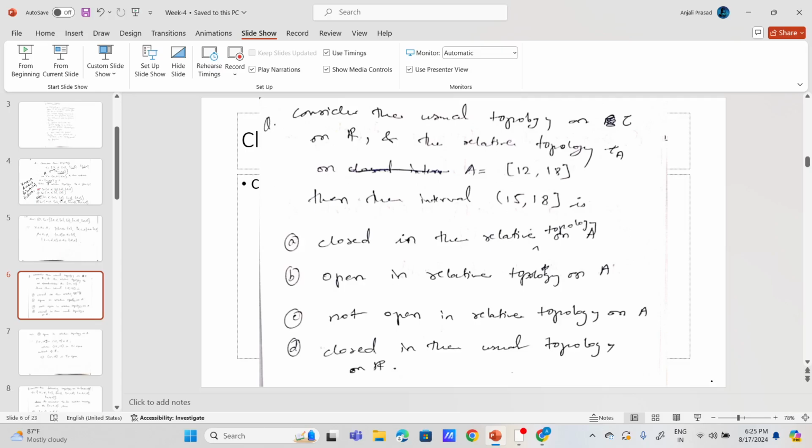It will be of the kind open intervals, right? A comma B. So according to this, you need to find what kind of set this interval will be. Just think once again, then I'll explain.